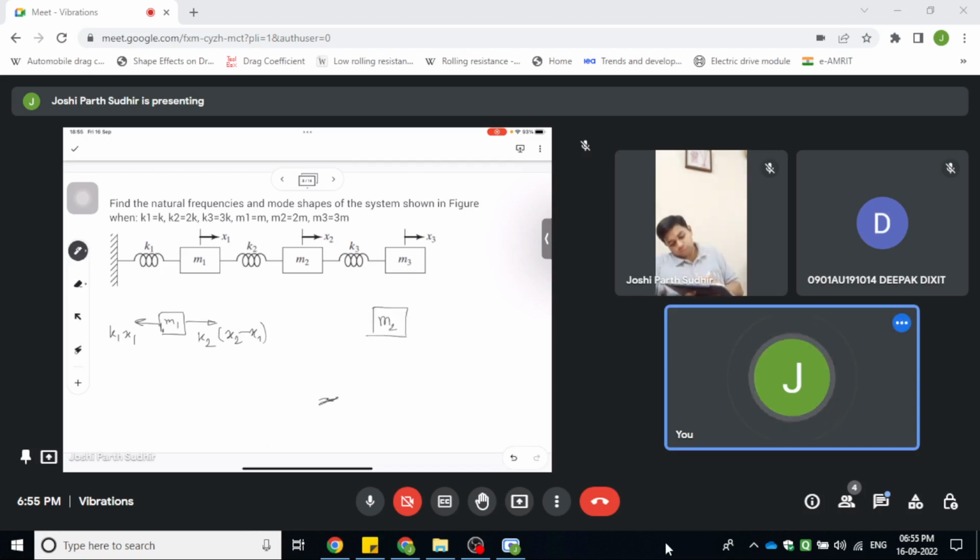let us say M2, we again have the same spring force K2 into X2 minus X1, and here we have the spring force K3 into X3 minus X2.